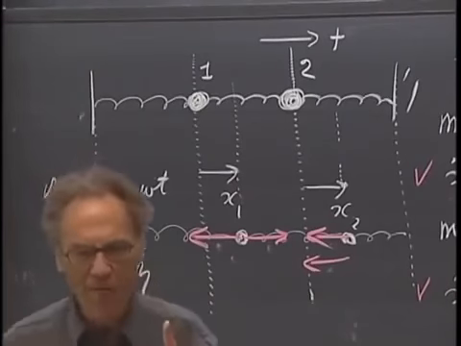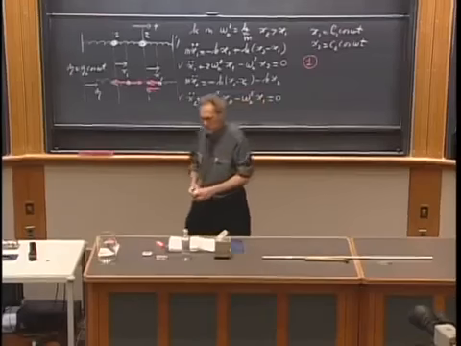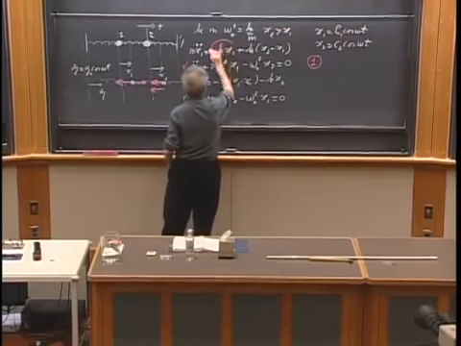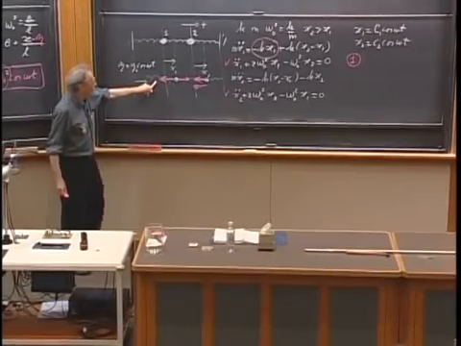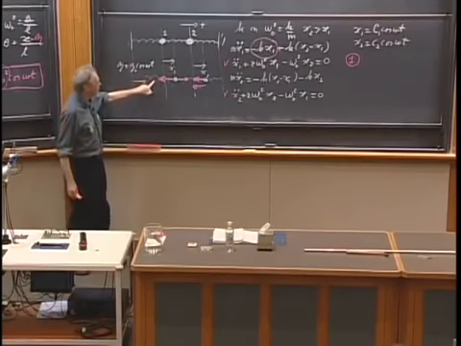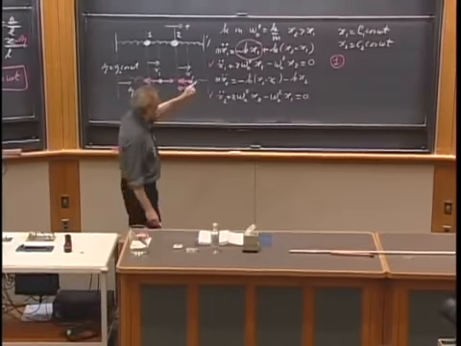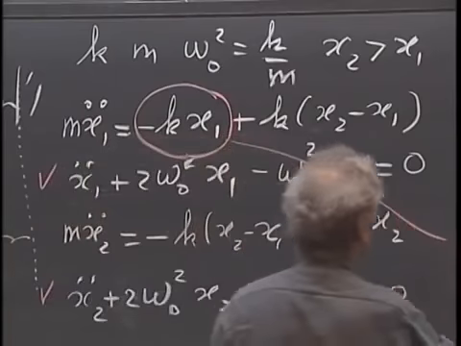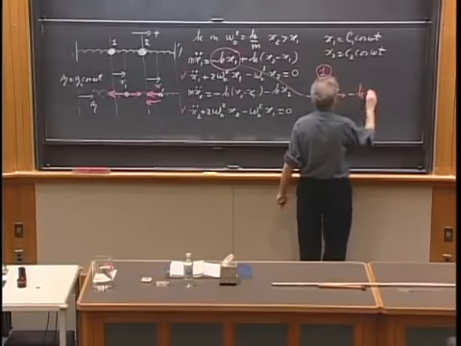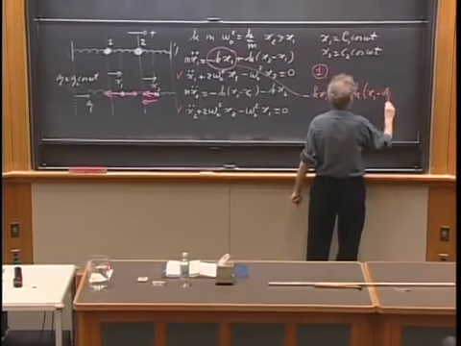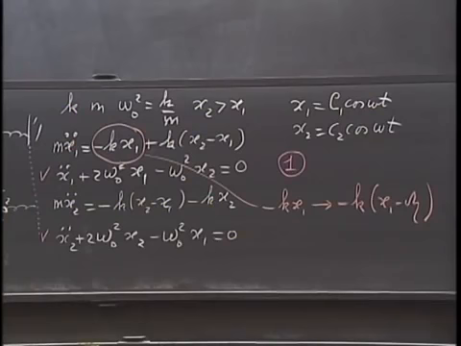There is only one term in all of this on the blackboard that is going to change, and that is this term. This spring here on the left is no longer shorter by the amount x1, but is shorter by the amount x1 minus eta. And so it's only this minus kx1 that now has to be changed into minus k times x1 minus eta. Nothing else changes.